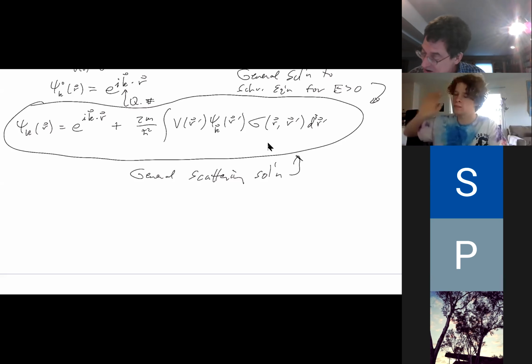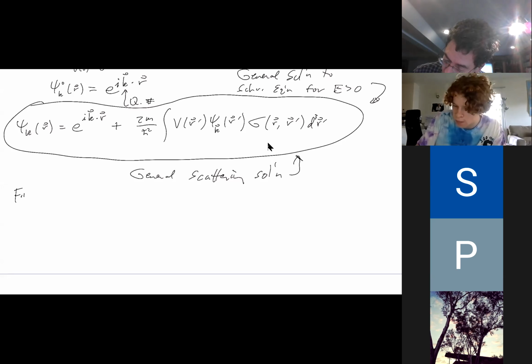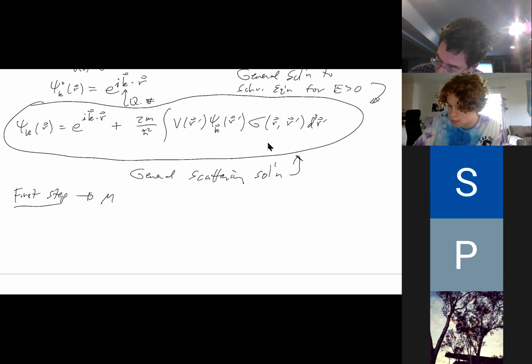Okay, so now what do we need? To go forward, what's the next thing we need to make some progress on this problem? Can you guess? Find the Green's function. Yes, exactly. So our first step to solve this is to find the Green's function.